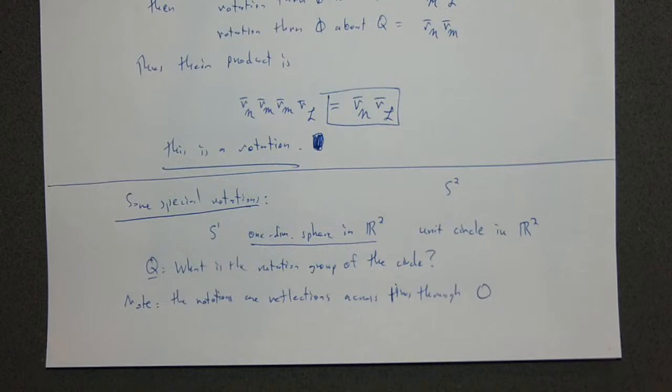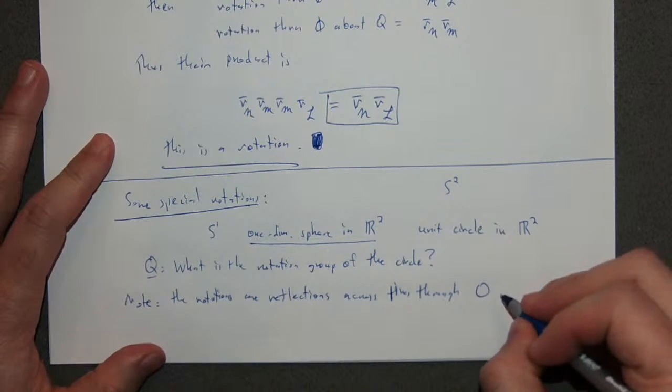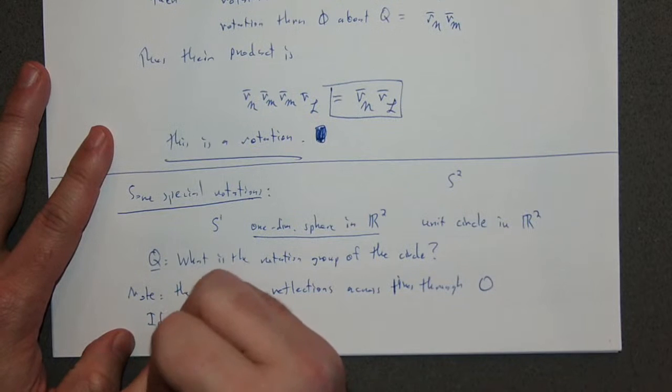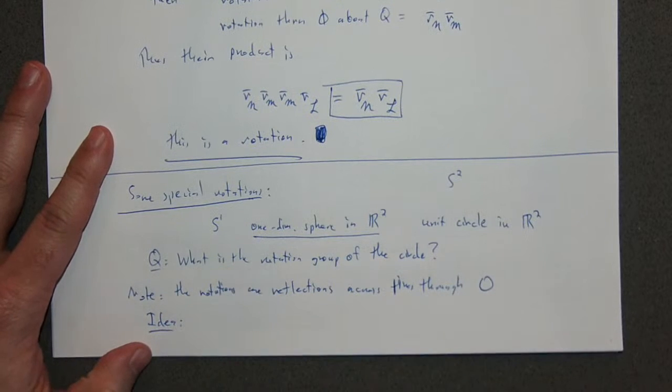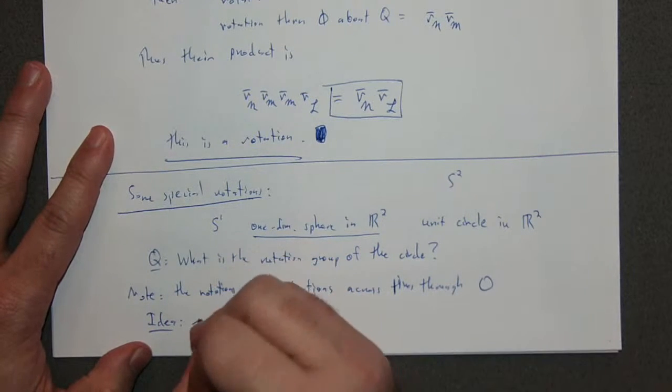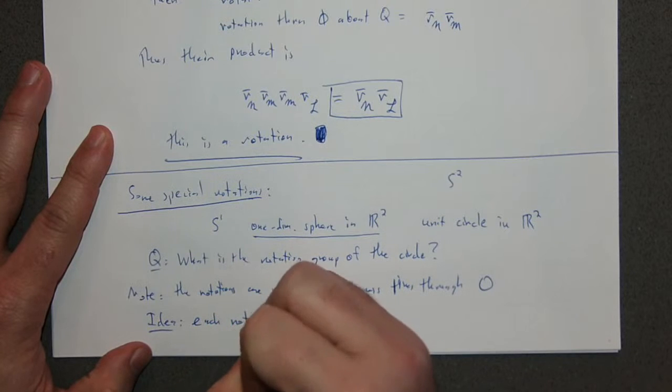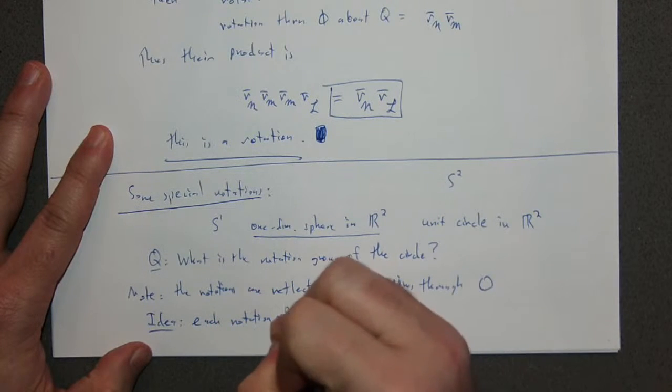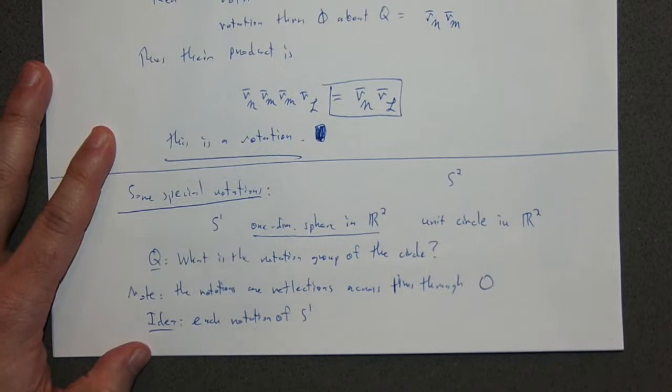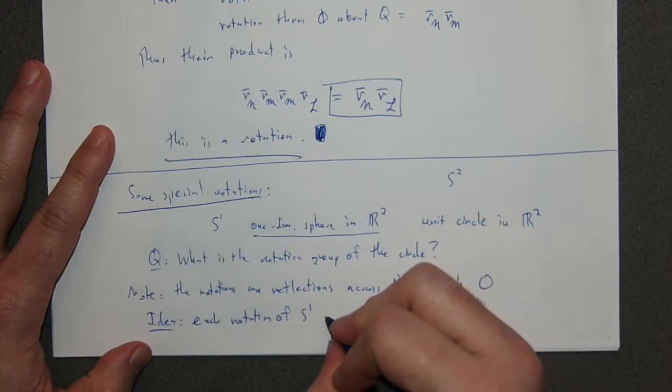Okay. So then, what's the idea here? The idea is that each rotation of S1 can be thought of as corresponding to a point on S1.